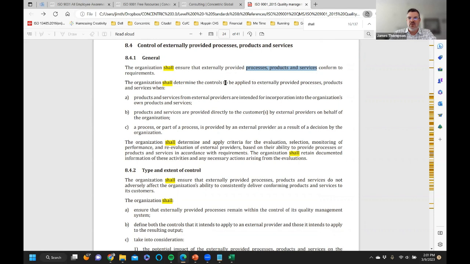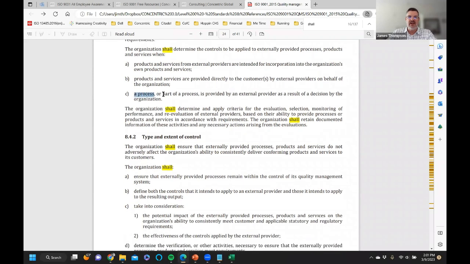So you have to control products and services of those external providers when they are intended for incorporation into the organization's own products and services, when products and services are provided directly to the customer by external providers on behalf of the organization, let's say a distributor or installer, or when a process or part of a process is provided by an external provider as a result of a decision made by the organization.